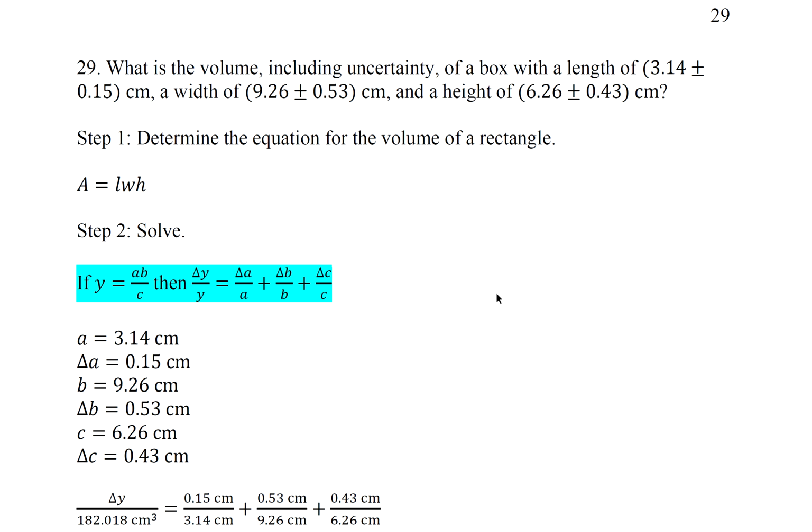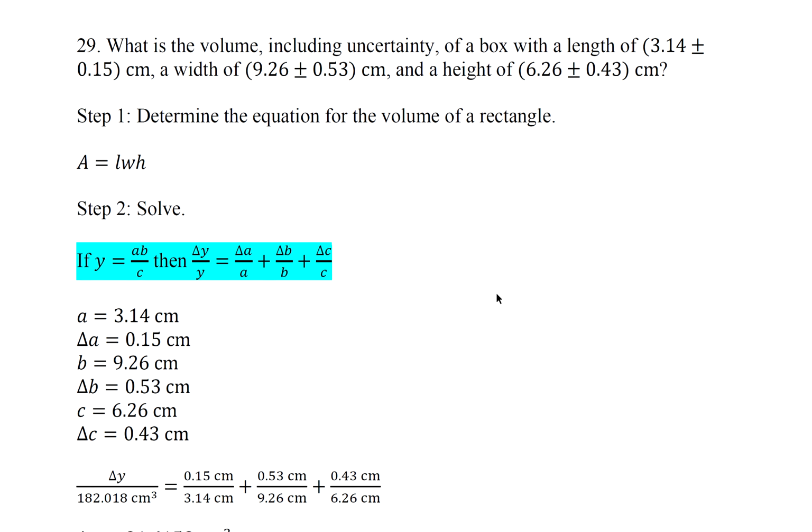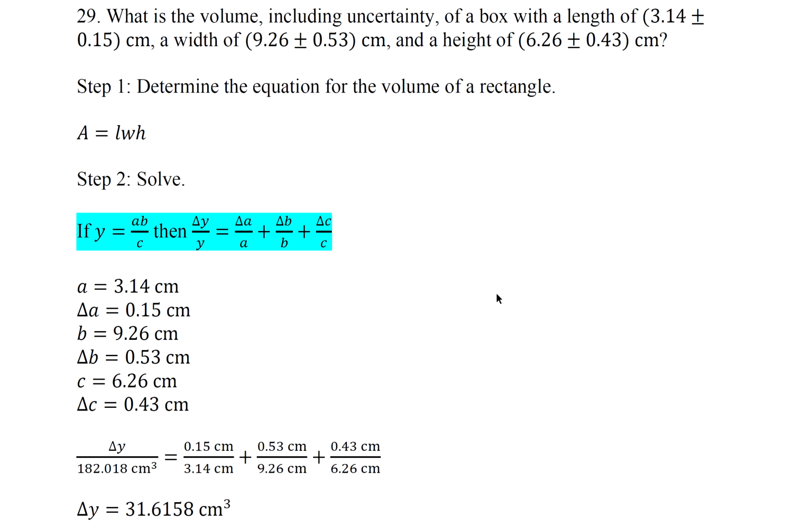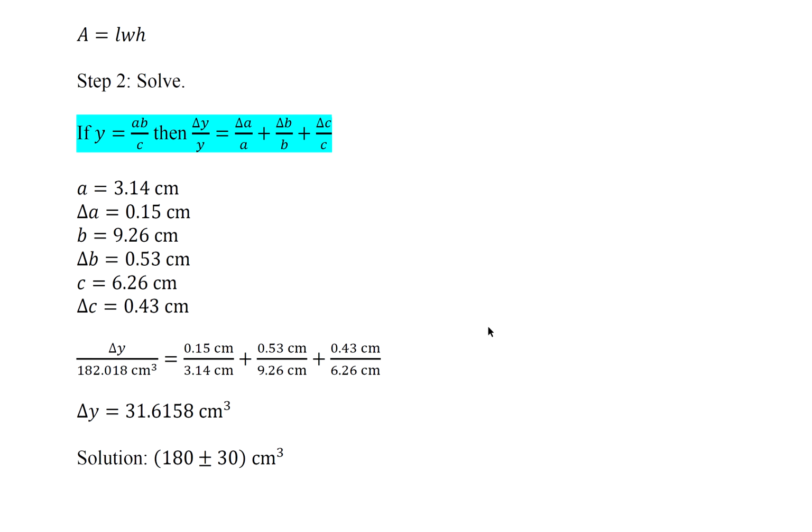So step 1, we need the equation. Volume equals length times width times height. Step 2, let's solve this equation. So we've determined y, which is 3.14 times 9.26 times 6.26. And then we solve for delta y.